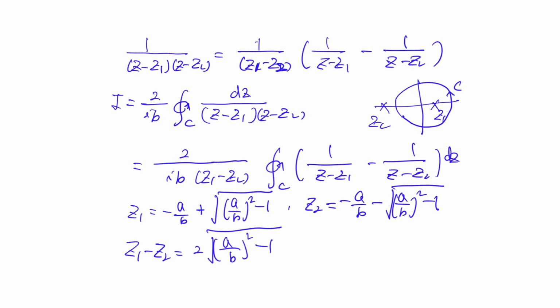So we know that on this circle, the integral of 1 over (z − z1) dz is 2 pi i, and the integral of 1 over (z − z2) dz is 0. Right?